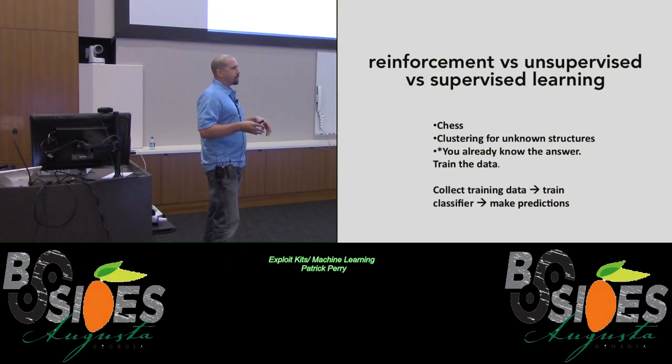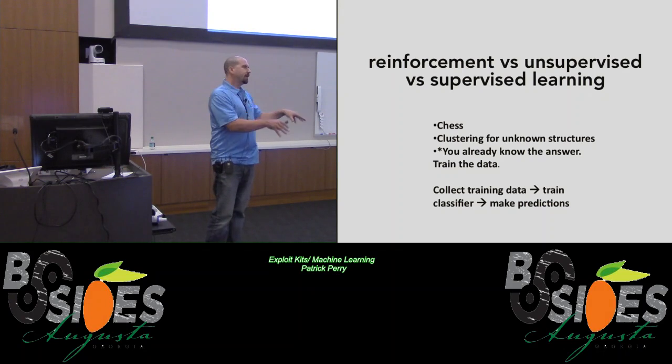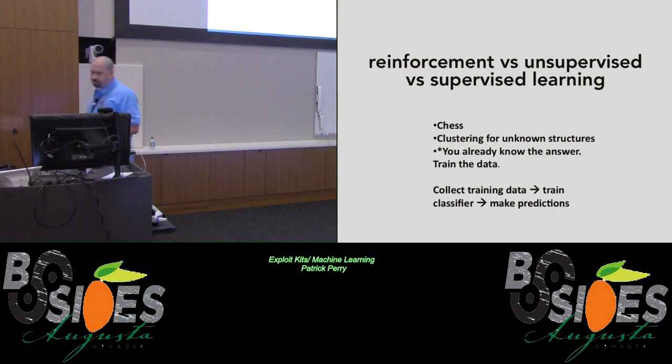I can also then take benign data and do the same thing to teach it, okay, this is stuff that is not malicious. What you do with supervised learning is really a high-level, simple three-step process. You collect training data, you train a classifier, and then you make predictions. And that's really it. So like I said, I use Bro to get HTTP proxy data.